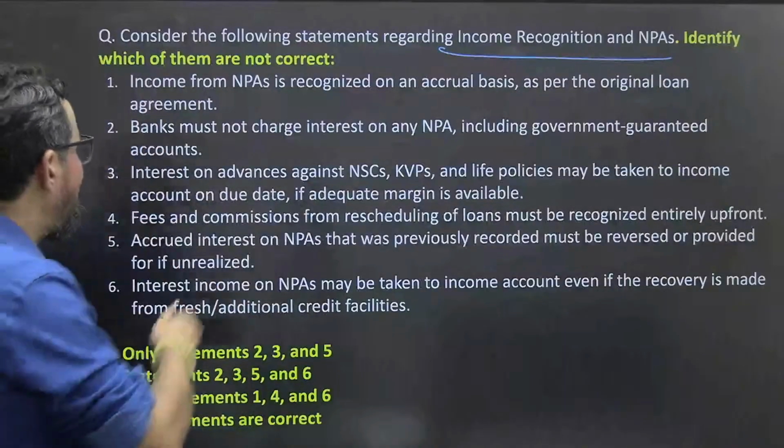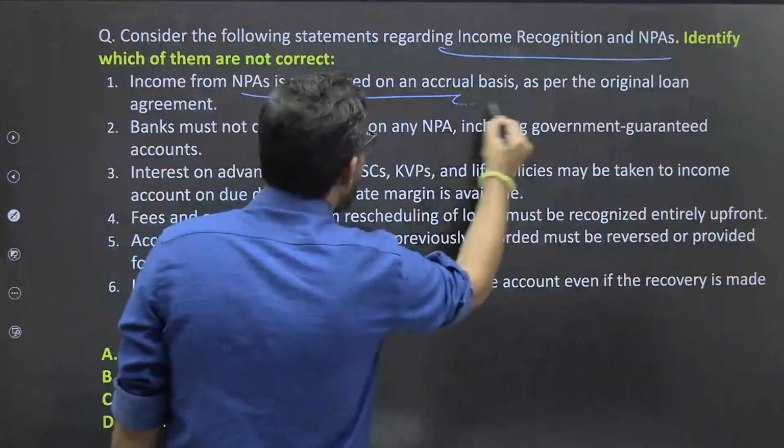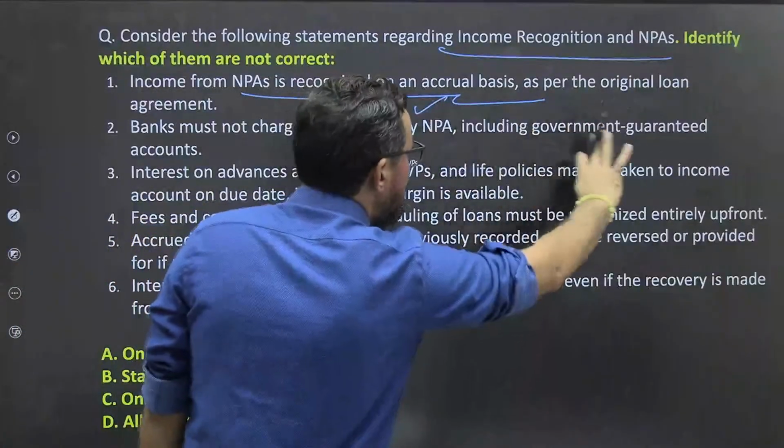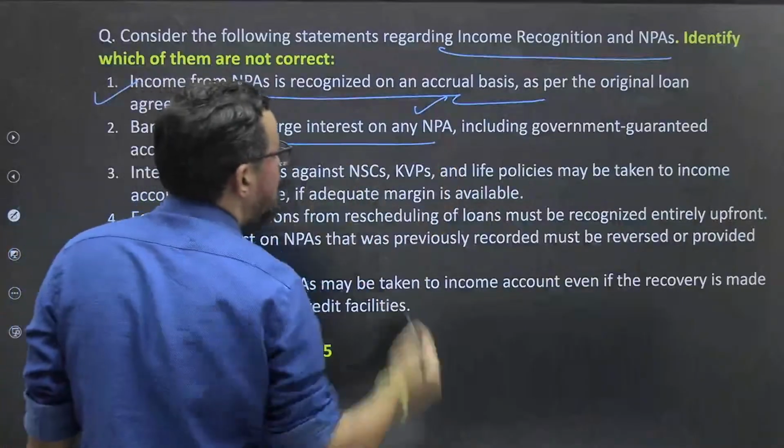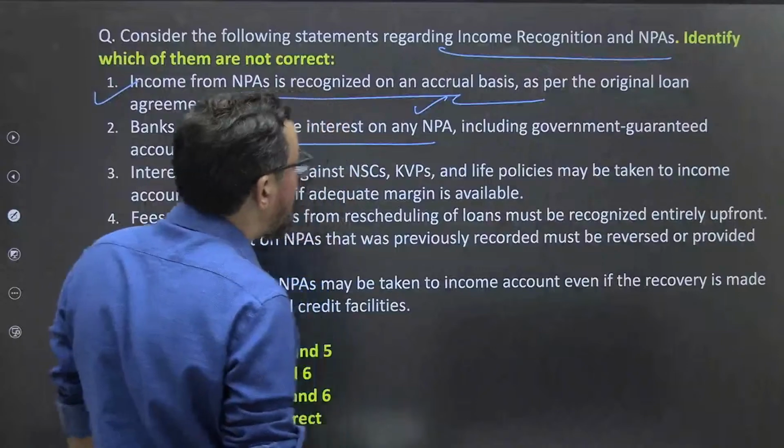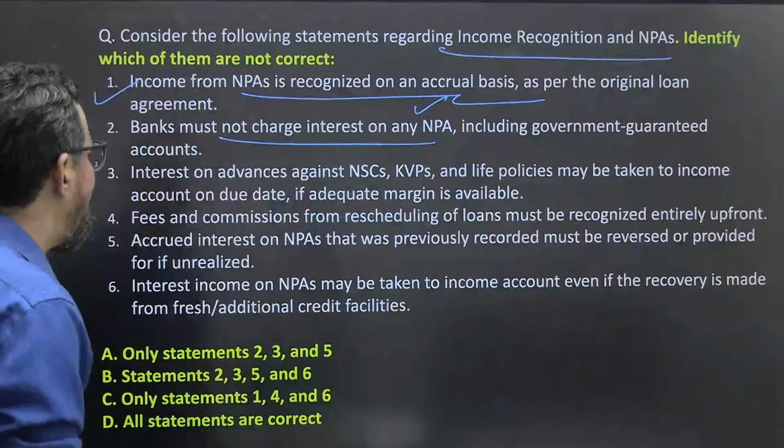So income from NPA is recognized on an accrual basis as per the original loan agreements. Bank must not charge interest on any NPA including government guarantee accounts.